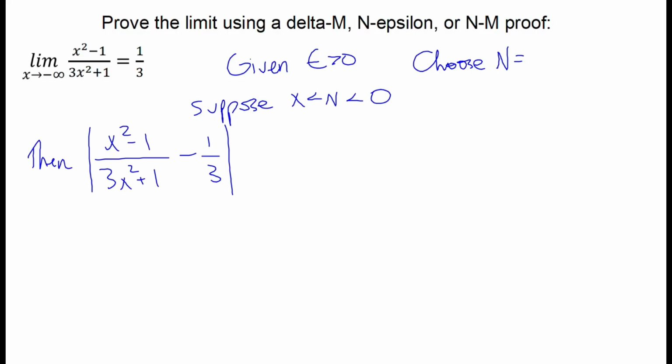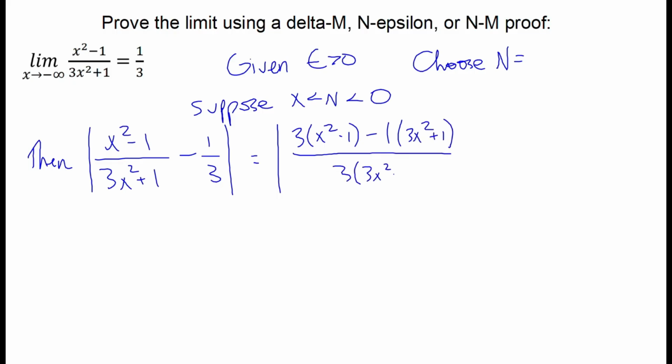So just like with the last one, we'll simplify the expression inside the absolute value first by getting a common denominator. So that'll be 3 times x squared minus 1 minus 1 times 3x squared plus 1 over 3 times 3x squared plus 1 in the denominator, which, if we try to simplify that out, we get a 3x squared minus a 3x squared. So those will cancel. And we get a minus 3 minus a 1, which should be a negative 4.